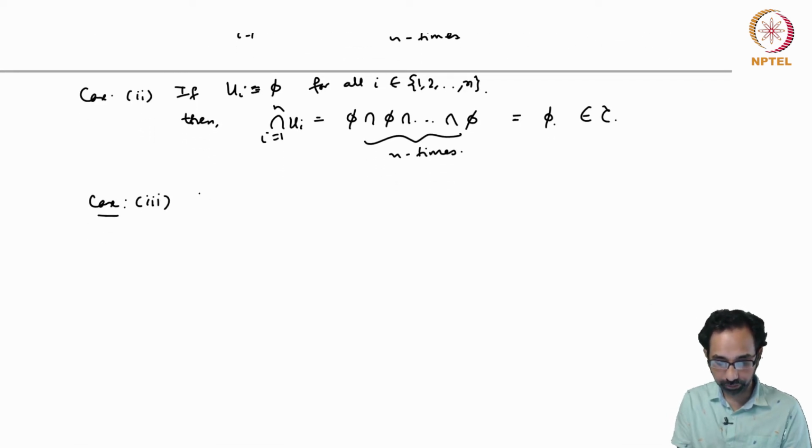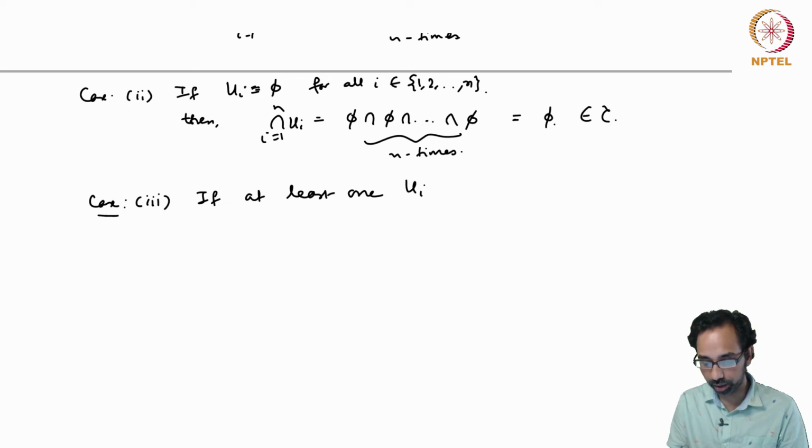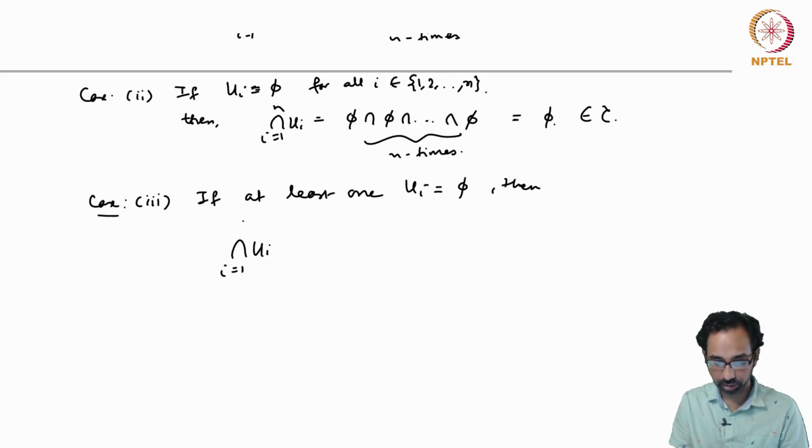So notice that if at least one ui is the empty set, so ui is the empty set for at least one i, then the intersection of all these sets will be empty.